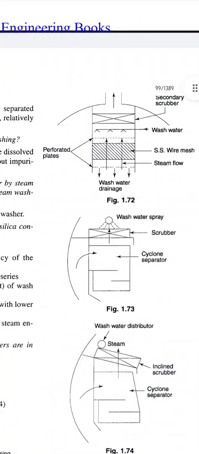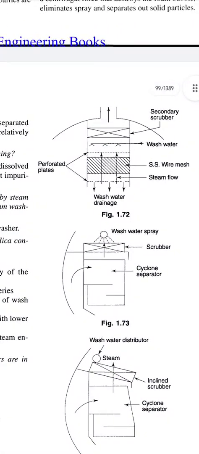In wire mesh type we can see the SS wire mesh, and steam flow goes from bottom to top. Secondary scrubber is available on the top. Wash water drainage is drained below. Wash water is given as spray in the top of the wire mesh.